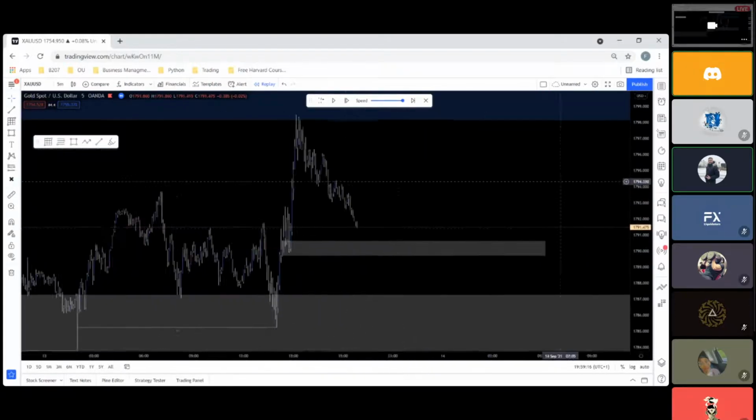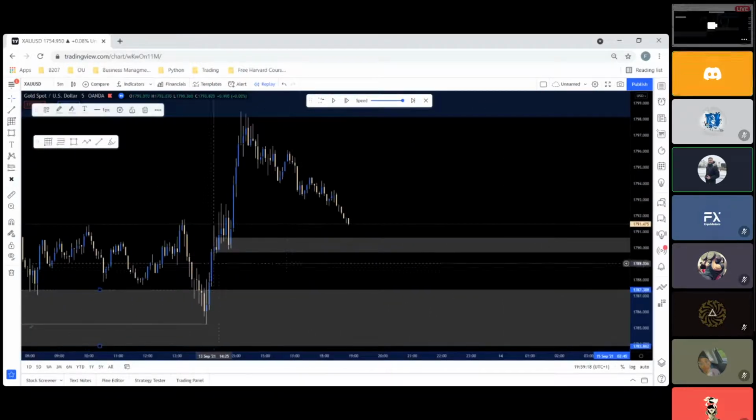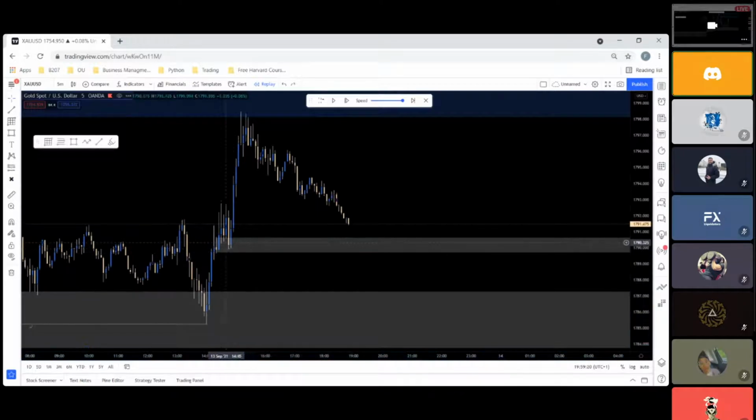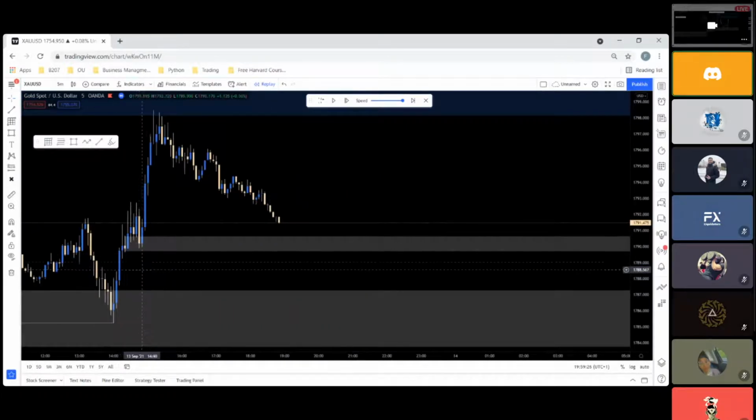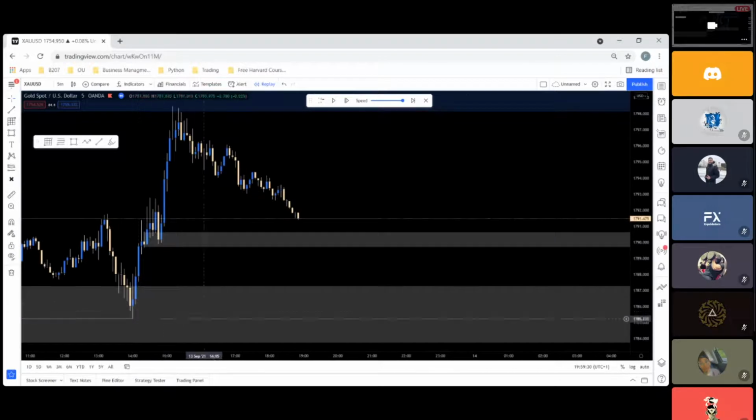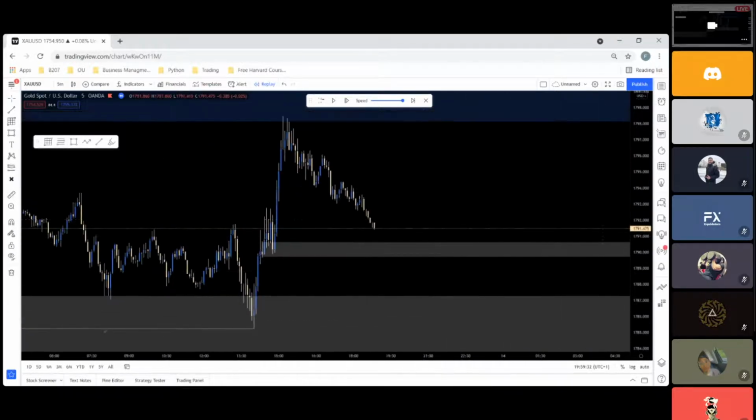So obviously, we've got this area here. Something might happen here, something might not. Or we could easily fill the inefficiencies below this zone here, take the liquidity out here, and then bounce off.